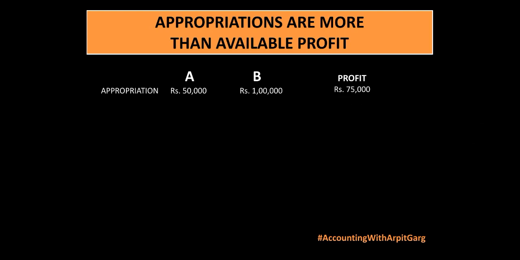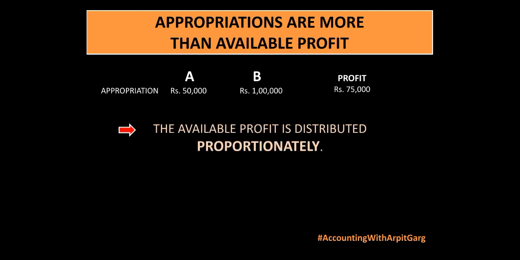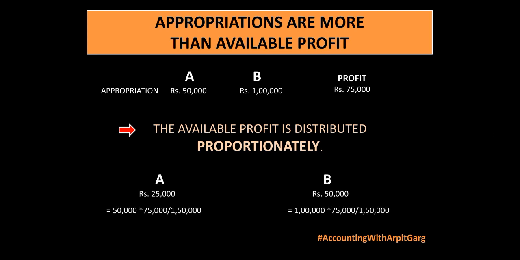So here in this case we will distribute the available profit proportionately. So A will get rupees 25,000 and B will get rupees 50,000.